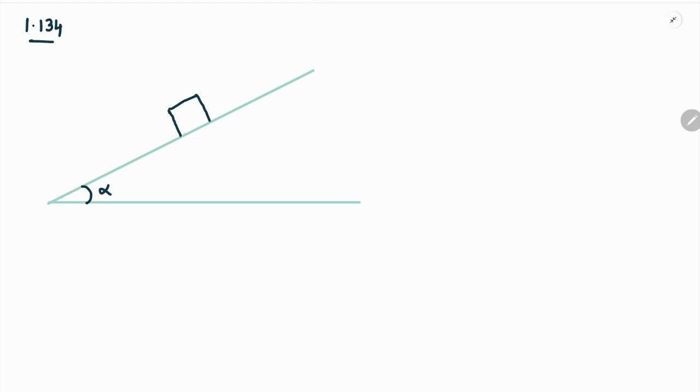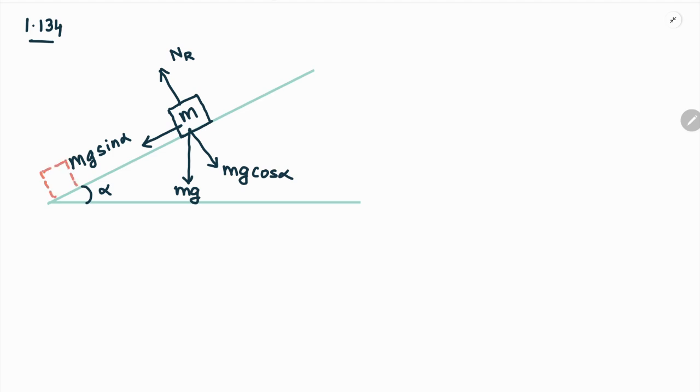The block is of mass m, and if we break the forces, then this is weight mg in this direction, mg cos alpha in this direction, mg sin alpha in this direction, normal reaction force in the upward direction. It was given an initial velocity v0 at, say, this point at the base of the incline, and then gradually it is rising up.